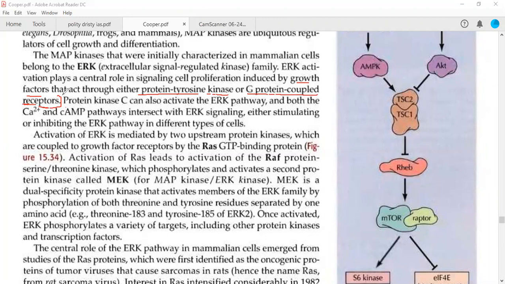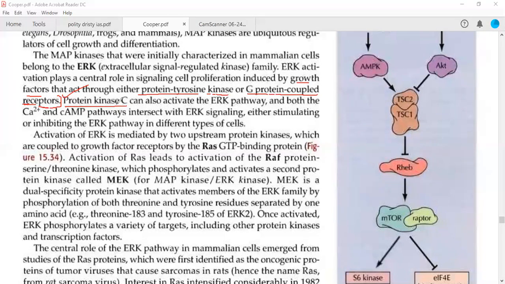And actually this protein kinase C we have studied, this C was activated, so some of you might forget this protein kinase C. So let me finish this particular text and then I will tell you how this protein kinase C was activated.